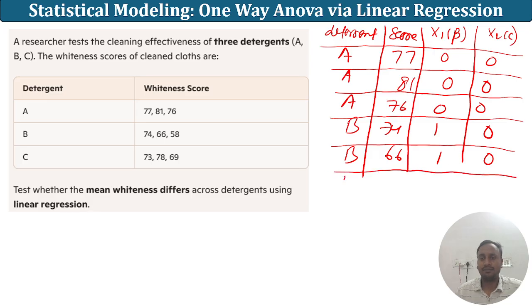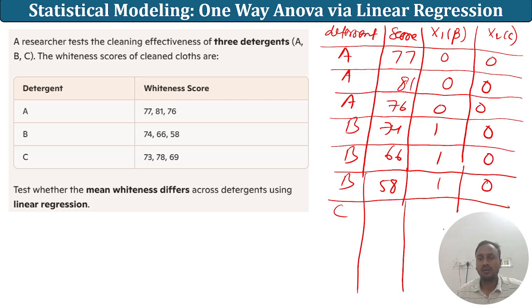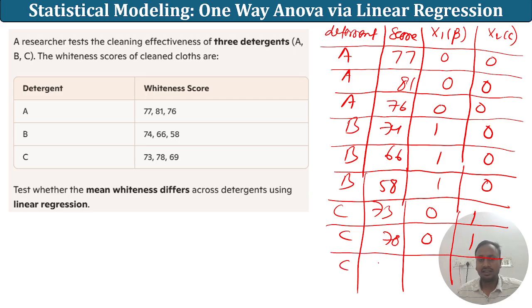Again B we have 58, 1, 0. What about C? 73, it's going to be 0, 1. C, 78, 0, 1. C, 69, 0, 1.